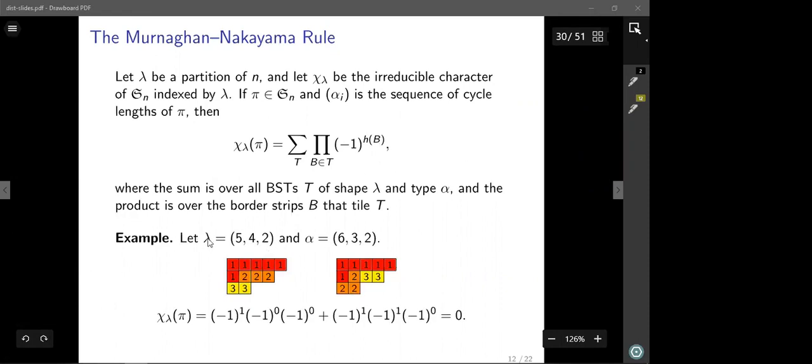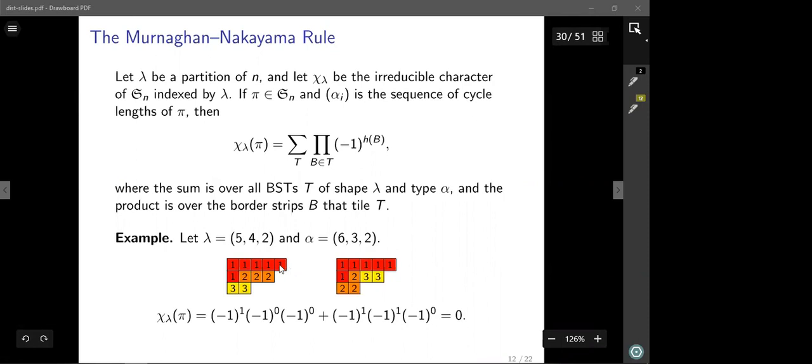So let lambda be 5, 4, 2, okay? And let's say alpha is 6, 3, 2. So here it actually is a partition, but that's fine. So let's try to figure out how to use this formula here. We've got to figure out what all the border strip tableaux are, where the first border strip has 6, the next border strip has 3, and the next border strip has 2.